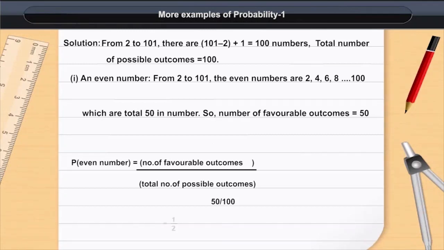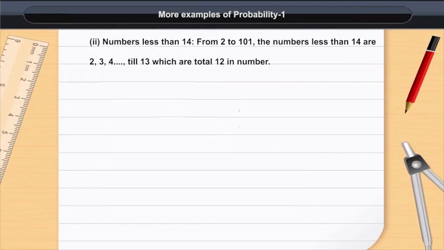P of an even number is equal to, on dividing the number of favorable outcomes by the total number of possible outcomes, 50 by 100, which is equal to 1 by 2. 2. Numbers less than 14.